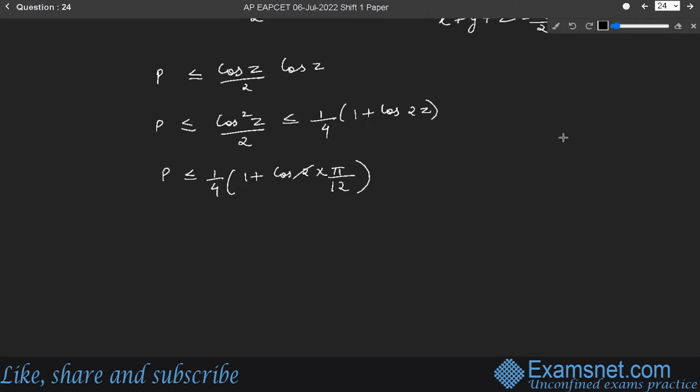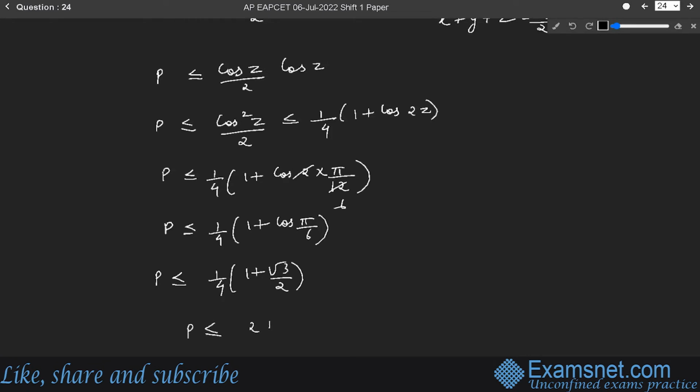So this will be 6, which becomes pi by 6, because it is already given in the question that the value is pi by 12. So P will be less than or equal to 1 by 4 into (1 plus cos pi by 6). So we can say that P will be less than or equal to 1 by 4 into (1 plus root 3 upon 2). So P will be less than or equal to (2 plus root 3) upon 8.